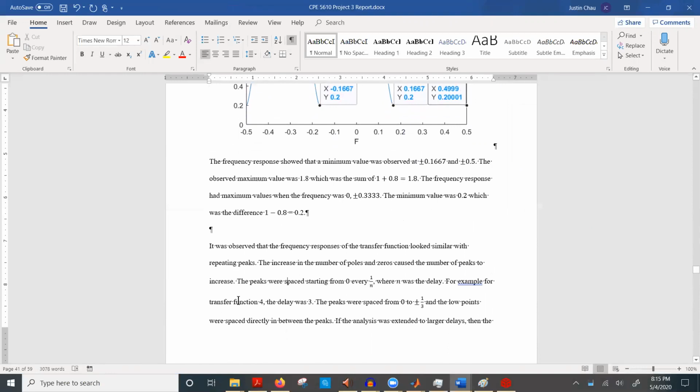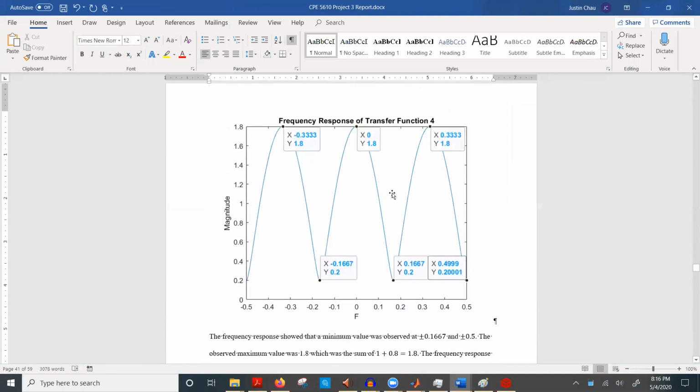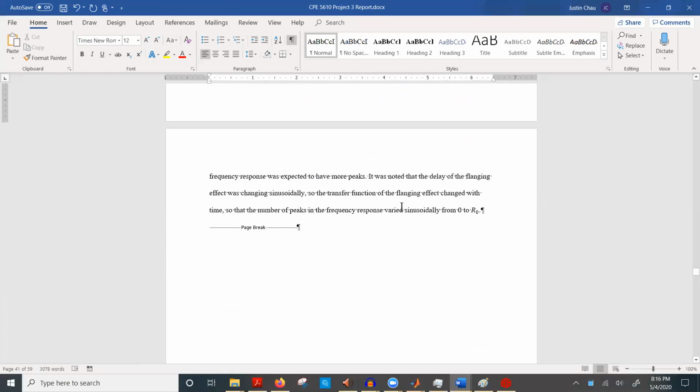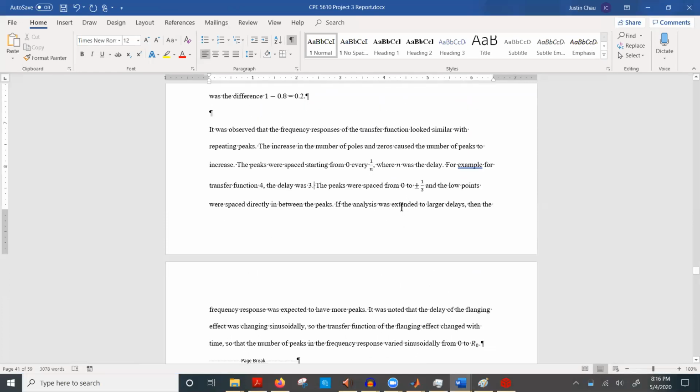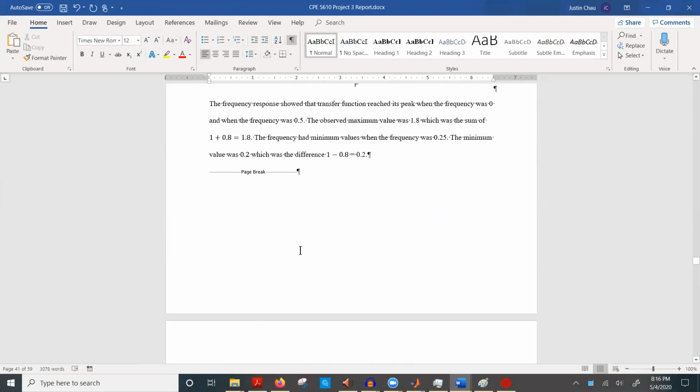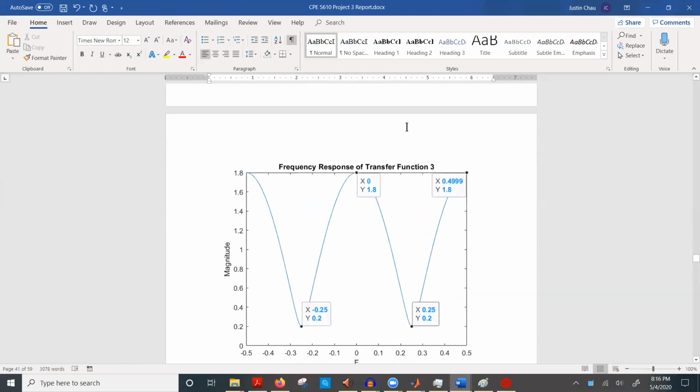Transfer function 4 had 3 delays, so that's why there are 3 peaks, and they're equidistantly spaced. So that's what the changing echo is, because the echo would be one of these filters, but it would be constant because its delay wouldn't be changing.